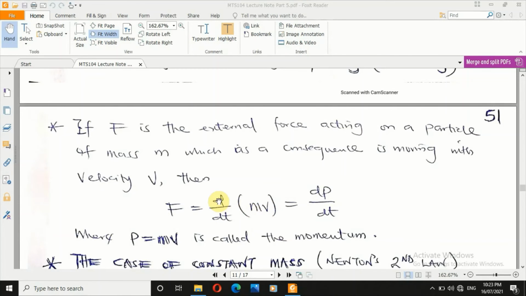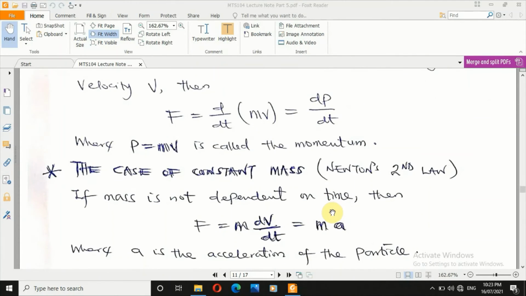We are talking about mass times dv/dt. And what is the dv/dt? It is acceleration. So mass times dv/dt is the same thing as force. And what is mv? Mass times v here is the momentum. So you can answer that force is the same thing as dp/dt. So force is almost the same thing as the rate of change of momentum per time.